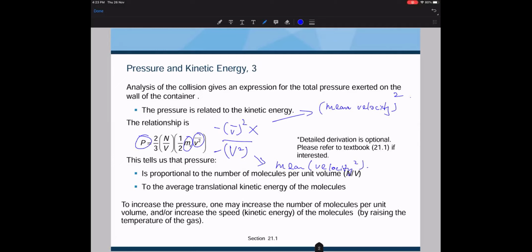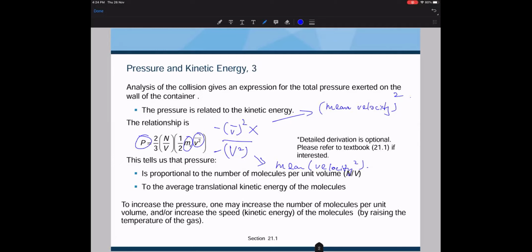So now you see why I don't want to go into the details here, because it is actually quite hard to distinguish the two things. The reason why we stress the use of the mean of velocity square is because we are actually considering the energy. So it is actually proportional to the square of the velocity.